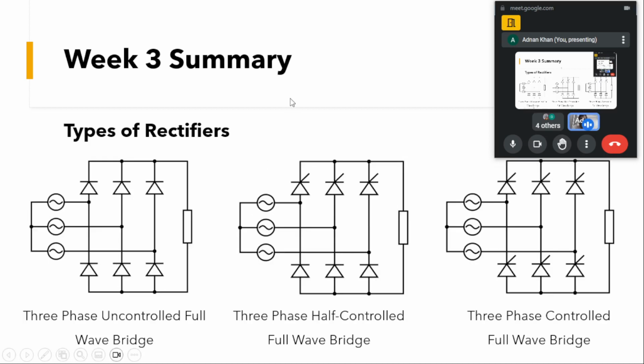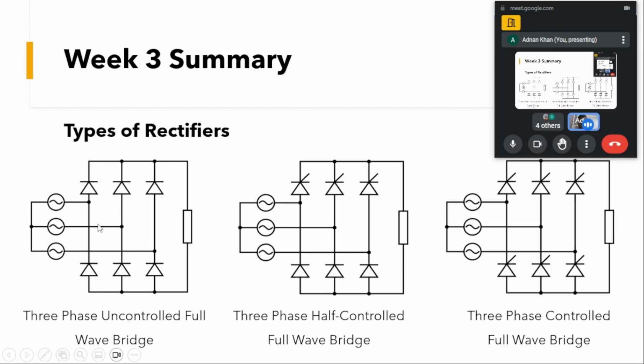Now coming to full wave rectifiers, in a three phase system we don't have any split way. As far as I know about the literature, maybe there might be, but as of what I know, these are the different topologies that can be in three phase full wave rectifiers.